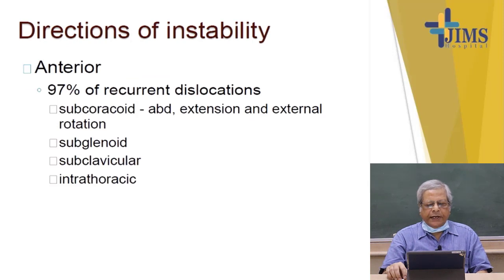The directions of instability, that is, the directions of dislocation. After dislocation, if the humeral head goes anteriorly, this is called an anterior dislocation of the shoulder. This is most common, maybe 97 to 99% of dislocations are anterior dislocations.